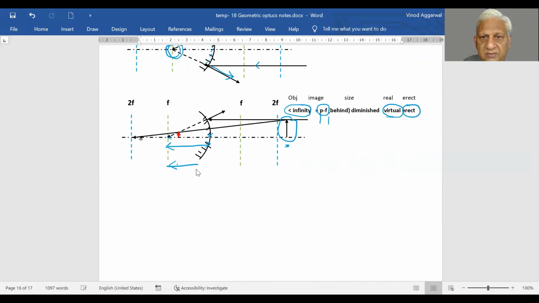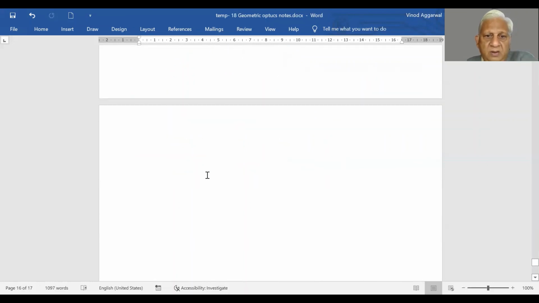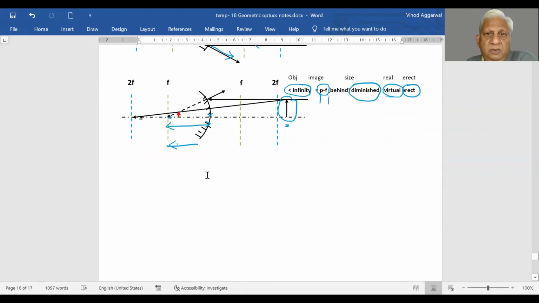Image will be erect, but it will be diminished. If we come any distance closer than this, the image will be formed between P and F only, and it will be all virtual, erect and diminished in size.